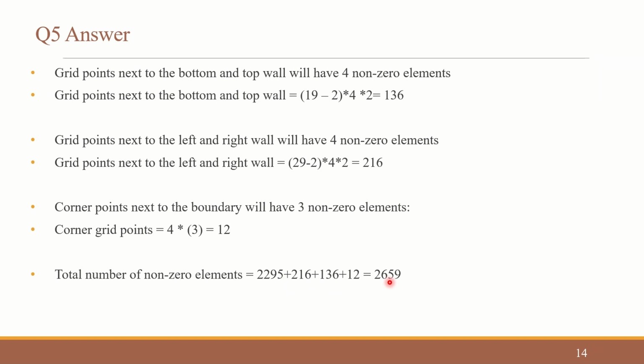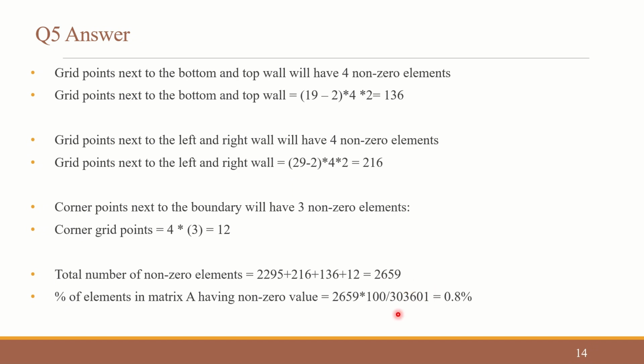When we divide it by total number of elements in the coefficient matrix, we will get the fraction. So in order to get the percentage of elements in matrix A having non-zero value, we are dividing 2659 by the total number of elements in the coefficient matrix into 100.